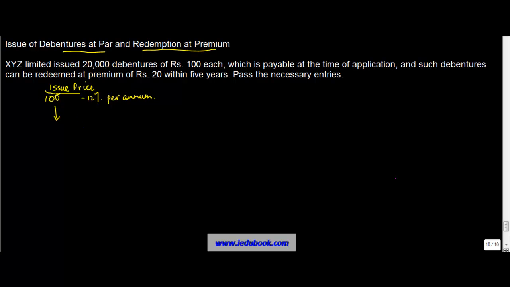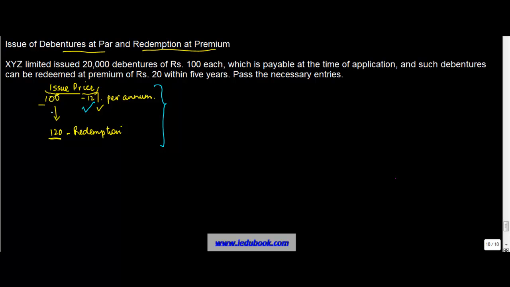Now normally the debenture holder may not be interested in applying at 12% per annum. So you say, okay, let me do it like this. Instead of paying 100, I will pay you 120 at the time of redemption, and also I will continue to pay you 12% interest per annum.